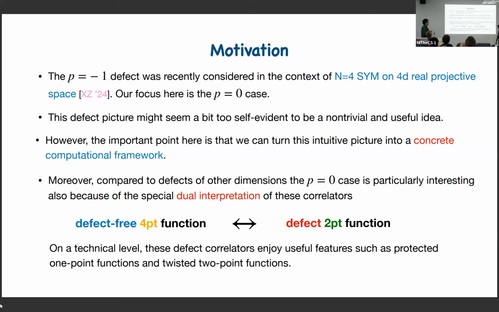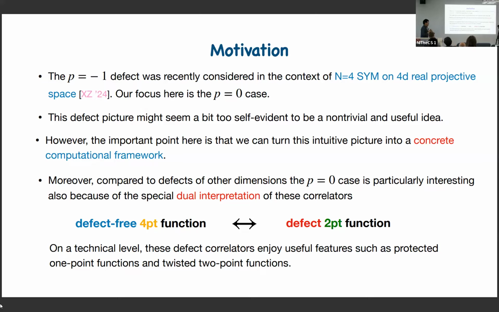The point I want to make here is that we can turn this intuitive defect picture into a concrete computational framework. And this defect picture also allows us to see some hidden structures, as I will discuss in more detail.